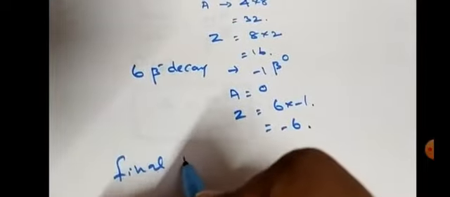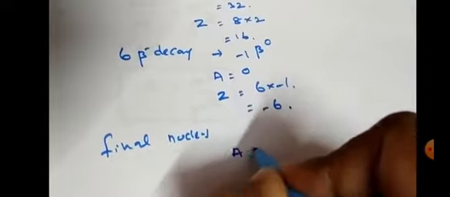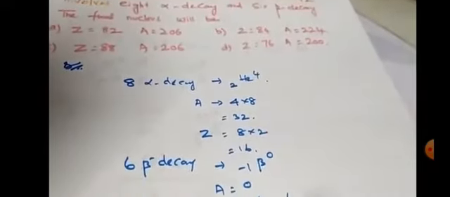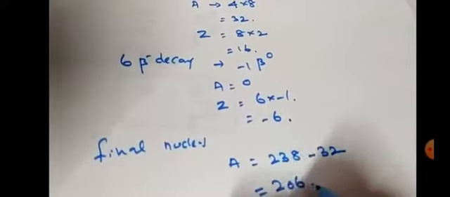Final nucleus. A is equal to, originally it was 238, minus 32, because the A which we had got is 32, and the other one is 0. We had taken 238 minus 32. So the final is 206.